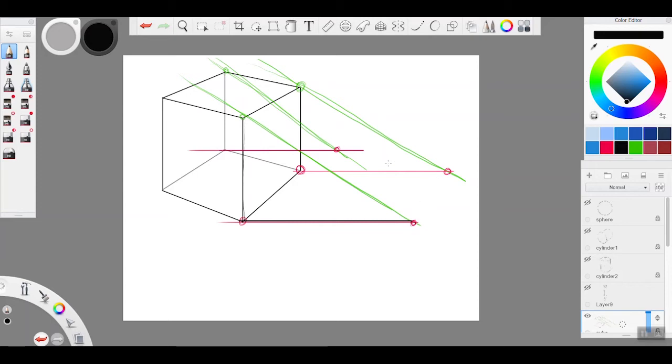Next, it's a matter of connect the dots. So if we follow this edge up where the light is casting past this edge, the next part of the light is going to cast along this edge. And we can see that it's connected by this green circle and this green circle. And that corresponds to this intersection point and this intersection point. So this is the next part of our shadow plot.